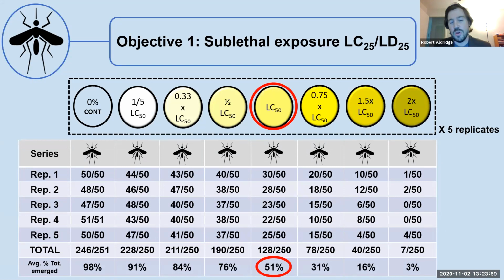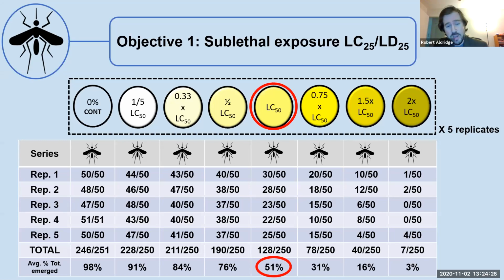And in this case, we're going to be using 50%, the LC50, because we wanted to make sure that the effect of the pesticide was evident. Earlier studies or earlier proposals looked at the LC25, but we kind of erred on the side of caution and moved it up to the LC50.